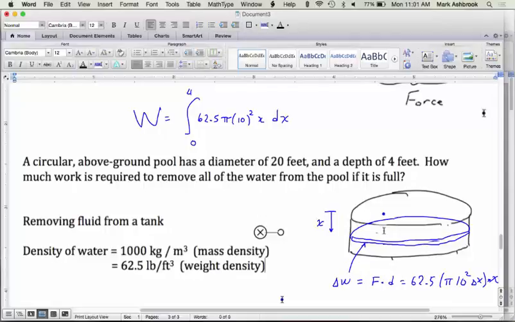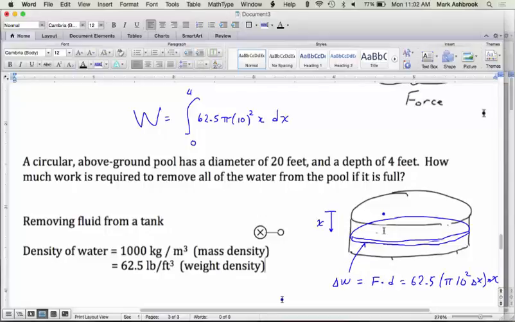Mr. Ashford, why do you have to include the x in the integral? Because work is force times distance. And the distance we're moving that layer is x. Force is the weight of that layer of water, and the distance we're moving that layer is x, to get it to the top, to get it out of the pool.